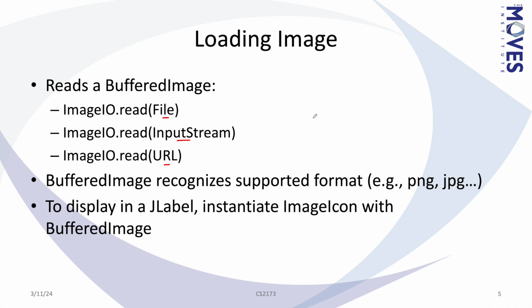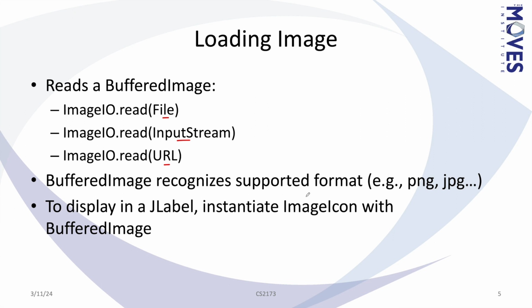Now once you get one of these, there are a couple of ways of displaying it. You can use it to set the background on things, but that usually requires a little extra programming and dealing with painting graphics. Rather than doing that, the easier way is to simply instantiate a JLabel and stick an image in it.